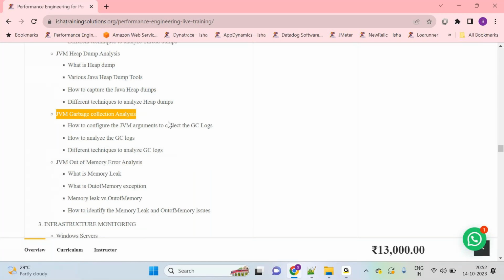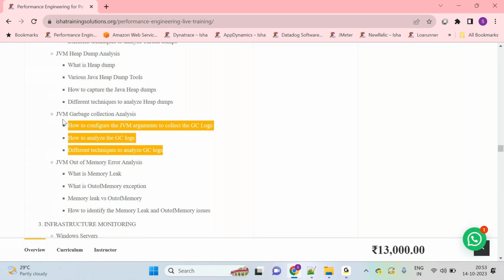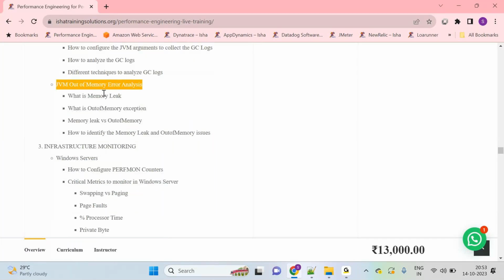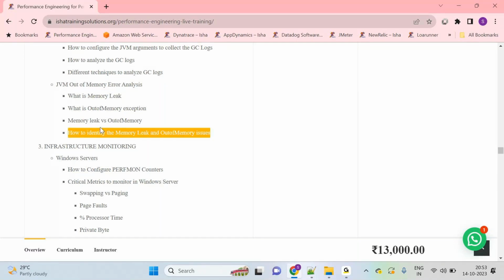So these three topics are very important: heap dump analysis, thread dump analysis, garbage collection analysis. And then a basic understanding of what is out of memory or a memory leak, and how to understand that leak or out of memory. That also we are going to discuss.